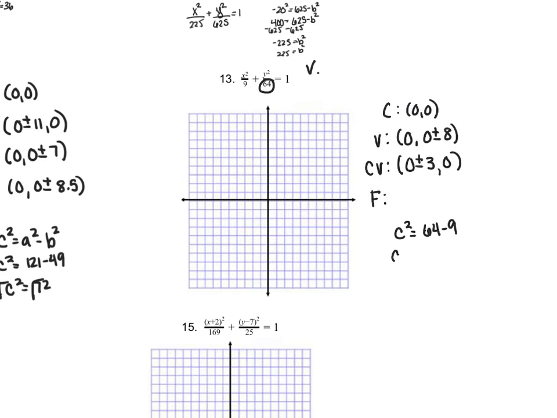So 64 minus 9 is not 70, it's 55. 55 square rooted is approximately 7.4. So it's going to be 0 comma 0 plus or minus 7.4. So my vertices are at 0, 8 and 0, negative 8. My co-vertices are at negative 3, 0 and 3, 0.